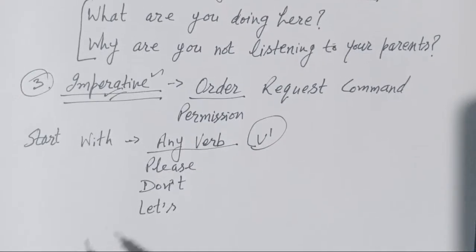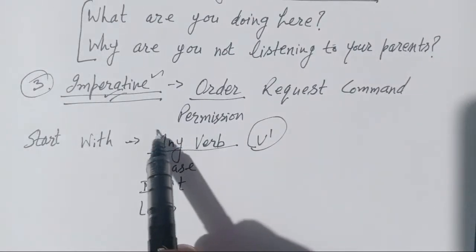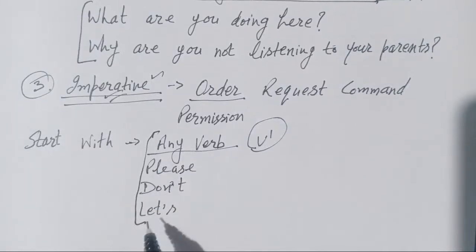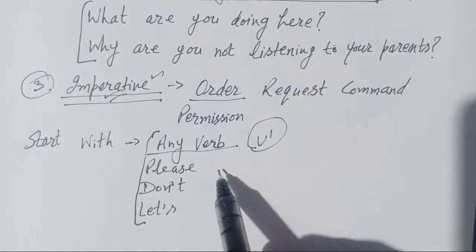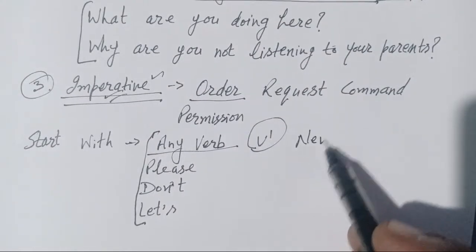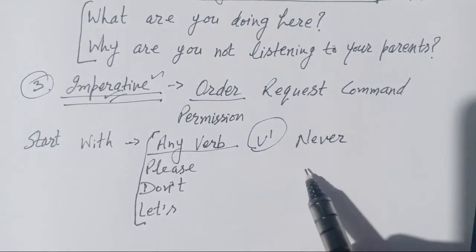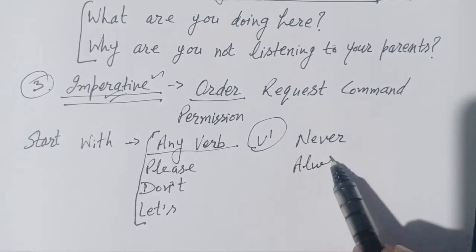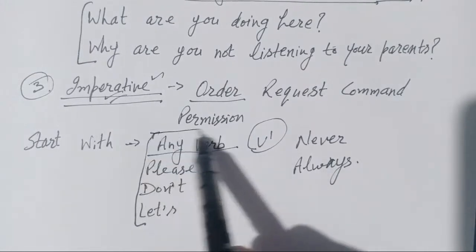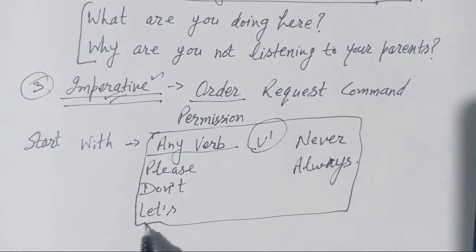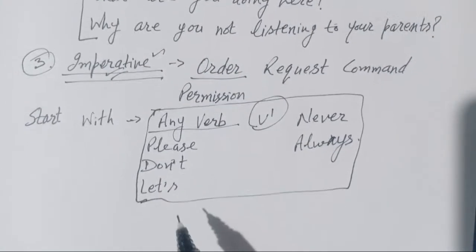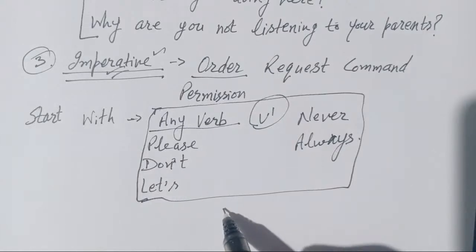So the sentences which may start with any verb, please, don't, let, never, they can be started with never also, always also. Okay, these type of sentences are known as imperative sentences, and they also end at a full stop.